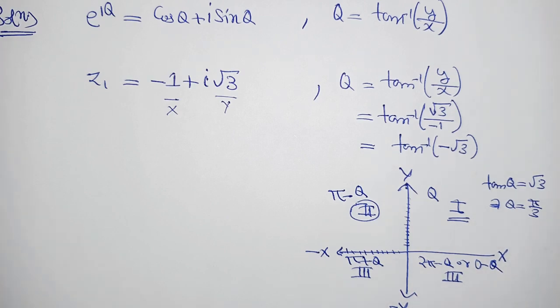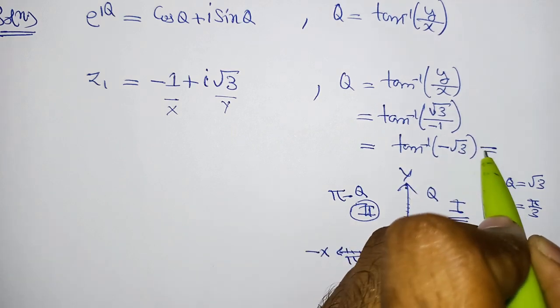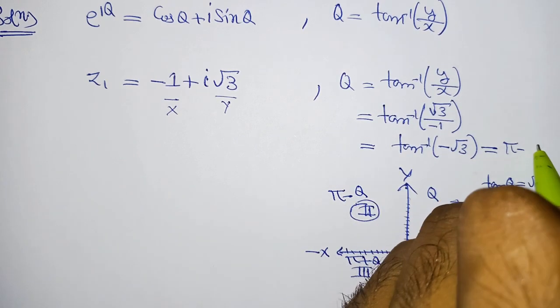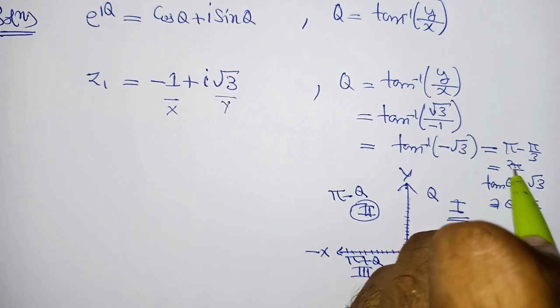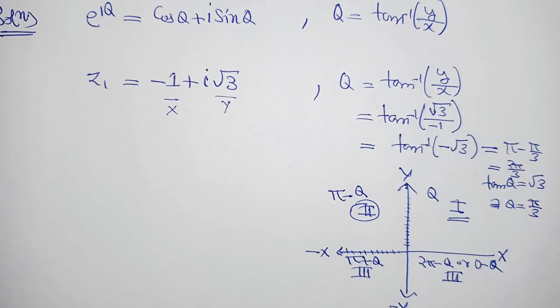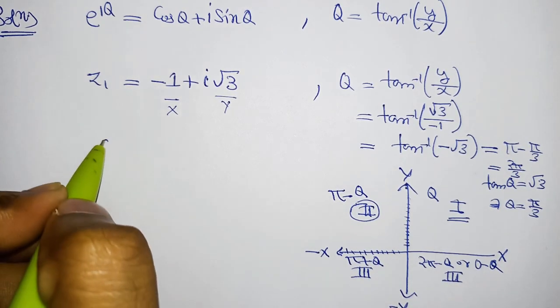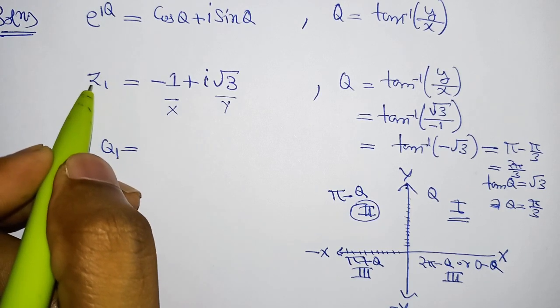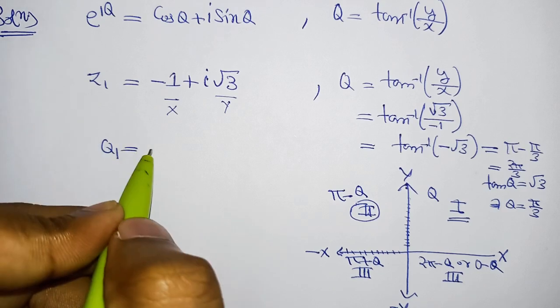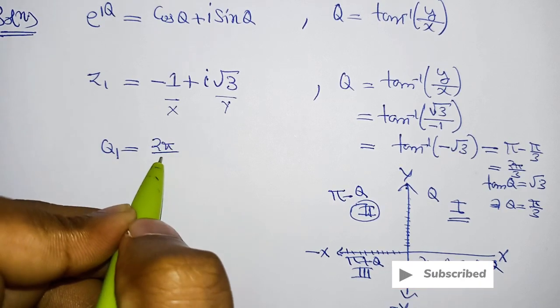So our angle lies in the second quadrant, that means this value will be equal to pi minus pi by 3, which is equal to 2 pi by 3. That means theta 1, the angle of the first complex number z1, is equal to 2 pi by 3.